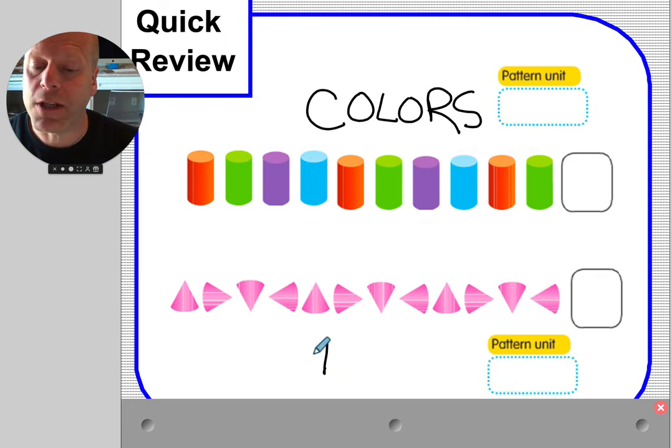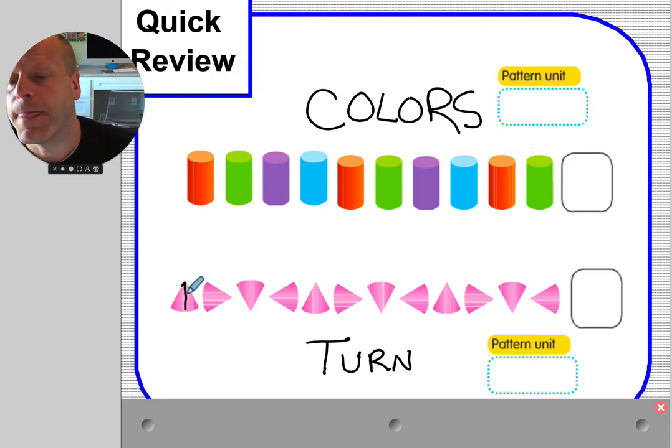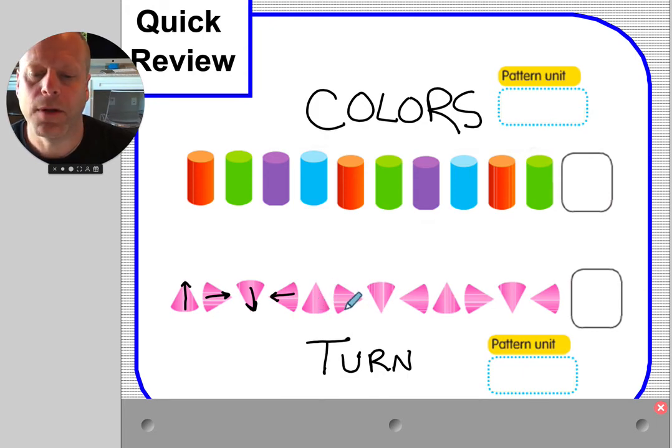Instead, they're using the position, or they're making a pattern by turning an object over and over again. Watch what happens. Up, right, down, left. And then it does it again. Up, right, down, left. Up, right, down, left, up.